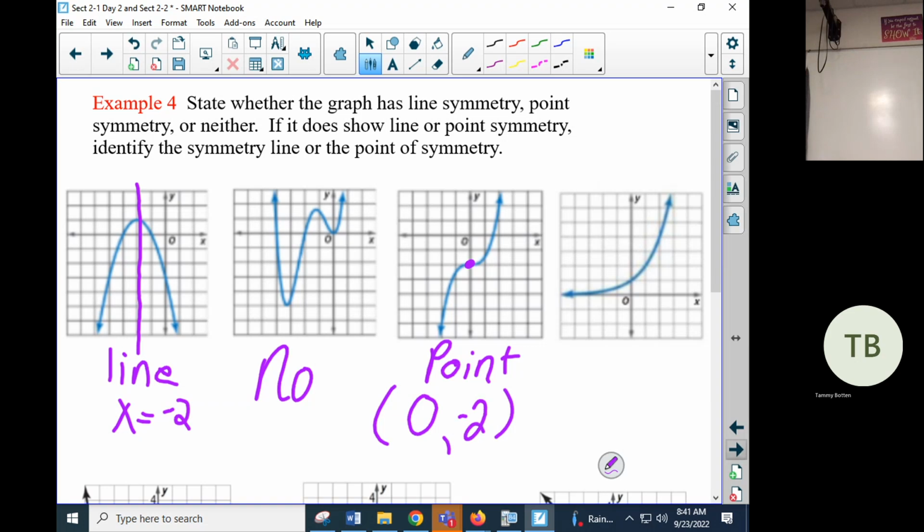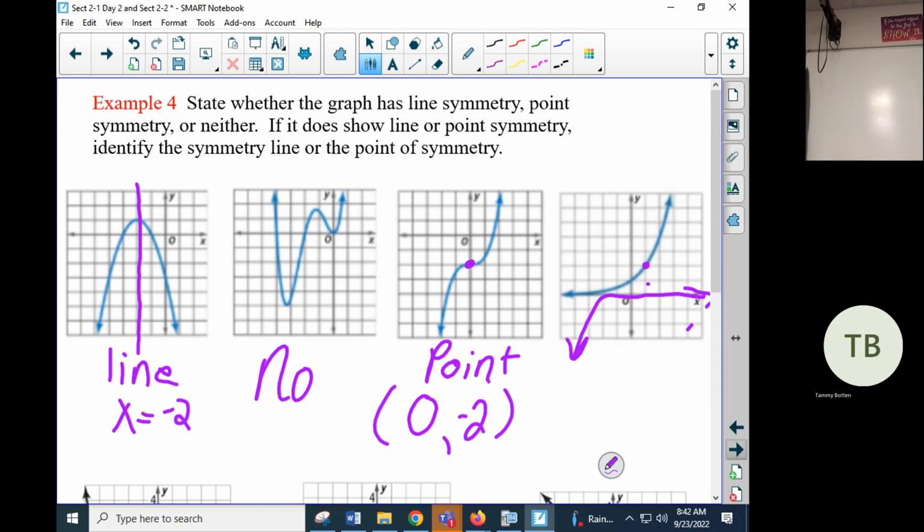Now this one, there's no way that I could draw a line that it would map onto itself. And if I took a point and said, okay, let's try to spin it on that point, if I spun this around, it would not map onto itself. If I spun it on this point, it looks like these are hard for me. If you spun it, it would end up going like this.